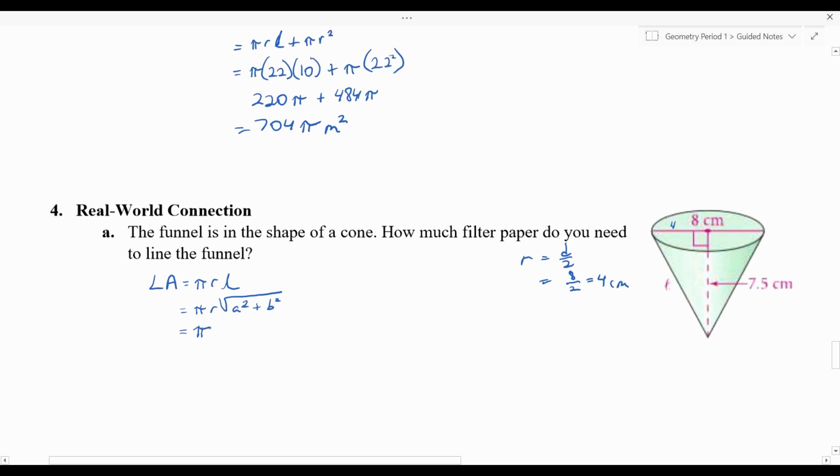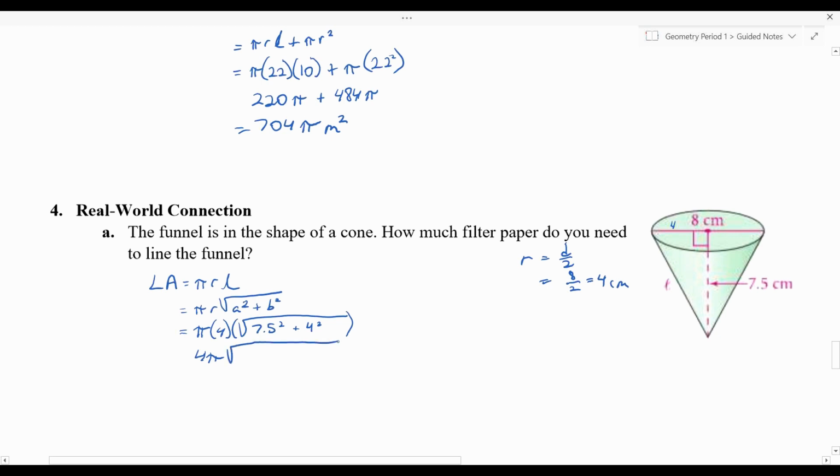We have pi, the radius we found to be 4, so times 4, times the square root of 7.5 squared plus 4 squared, close a parenthesis here.